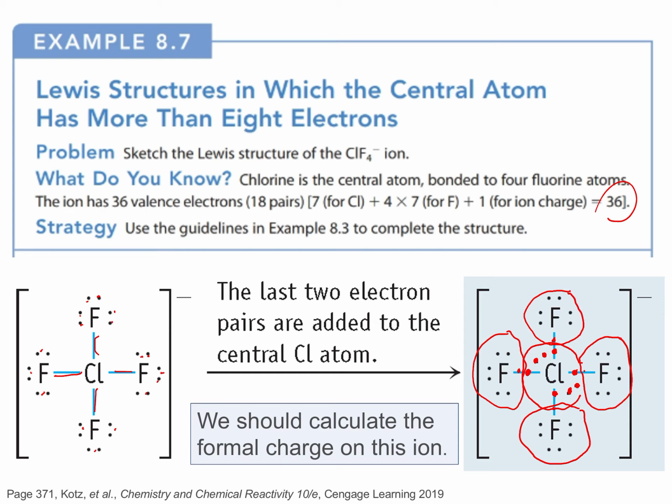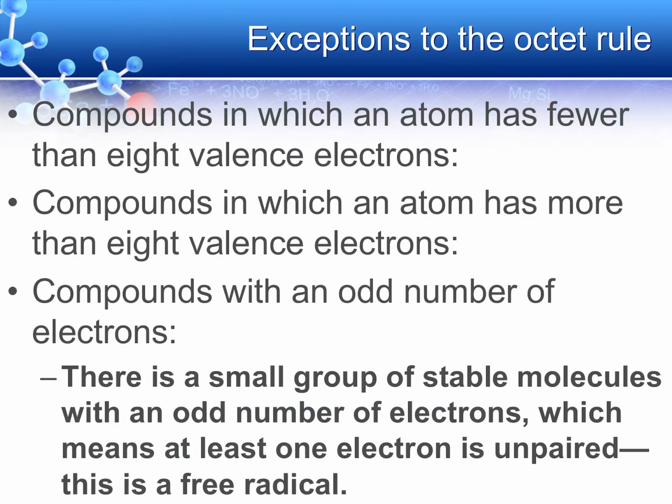So that means that chlorine normally has 7 valence electrons, but here it has 8. So it has a formal charge of -1. We can do the math right here. 7 valence electrons is what chlorine normally has. In the structure, it has 8. So that negative charge that's on the ion actually resides on the chlorine.